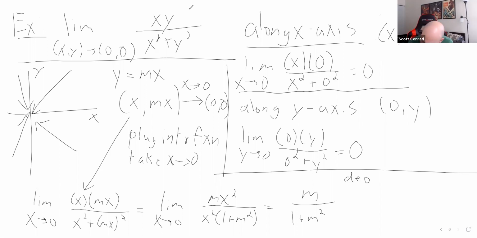But the limit depends on m. So the limit does not exist, right? There are two paths, just pick two different values of m, which give different limits, so the limit does not exist.